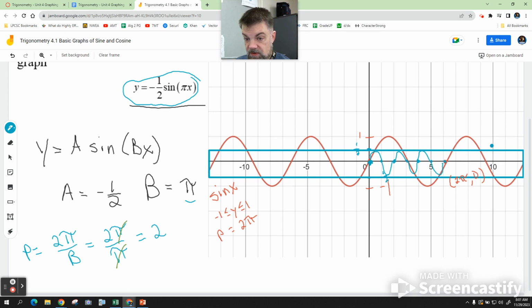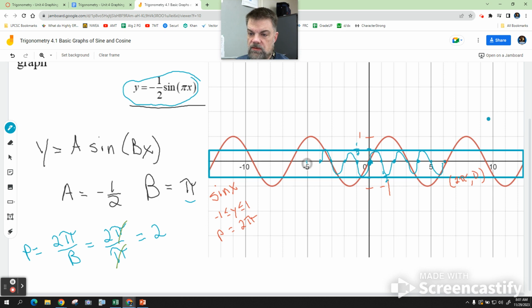And then we do the same thing in the other direction, down and up. Normally I just do from pi to 2 pi, but we'll do one more.